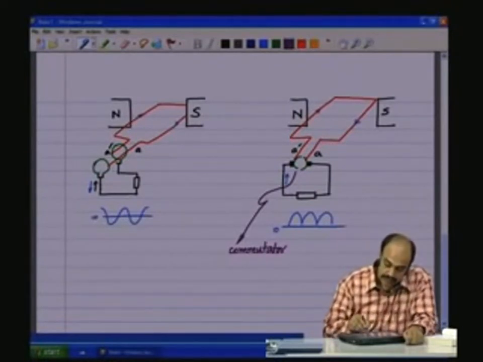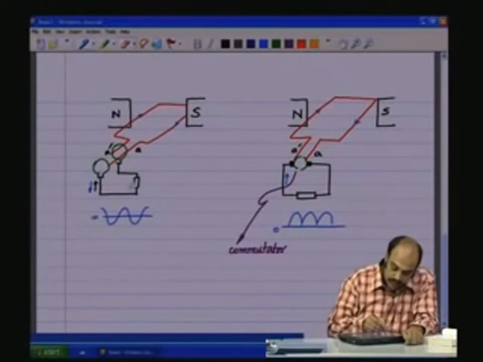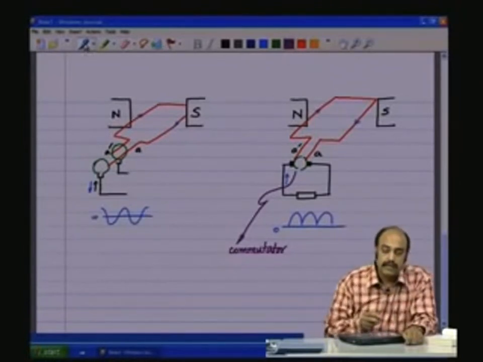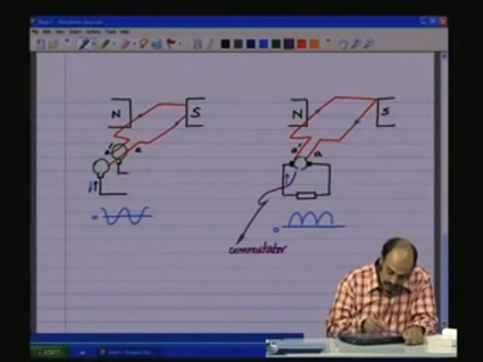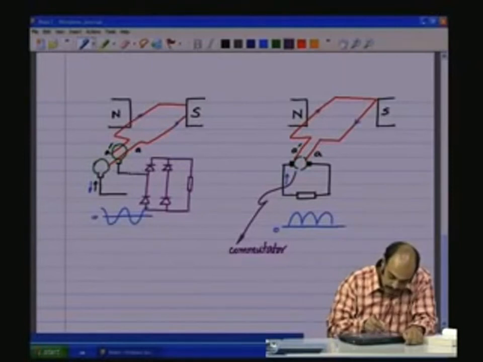Even here this unidirectional waveform pattern can be achieved by using electronically a circuit called the full wave rectifier. So let us say we have full wave rectifier diodes like this. We connect the diodes in this fashion and connect the load here, and this point is connected here, and this point is connected here.